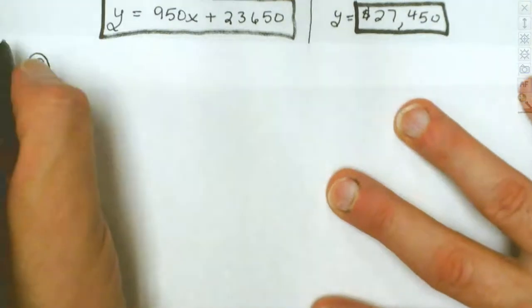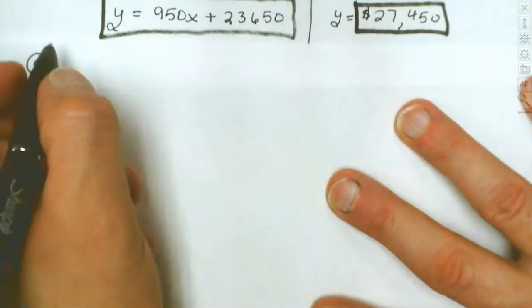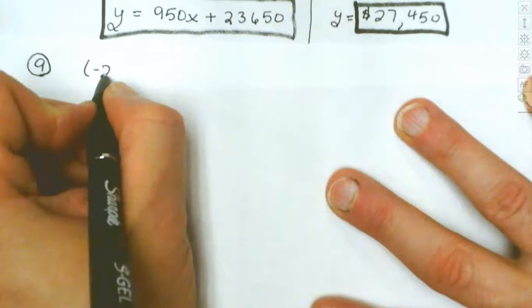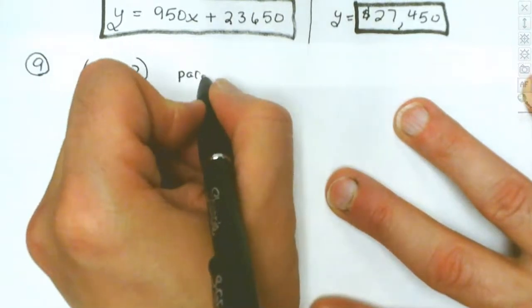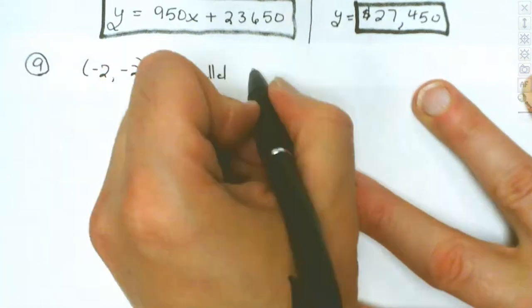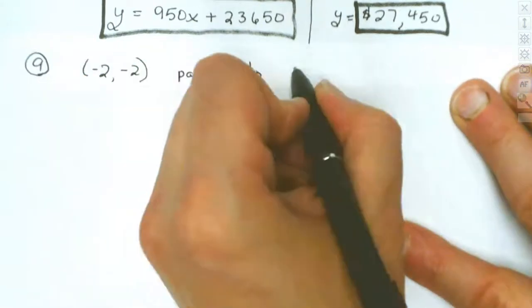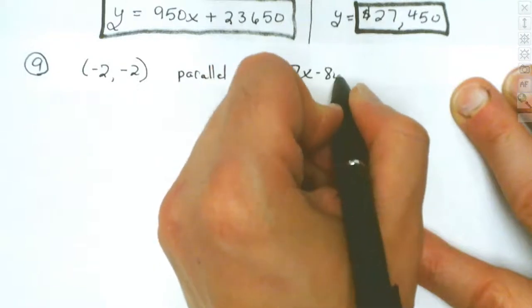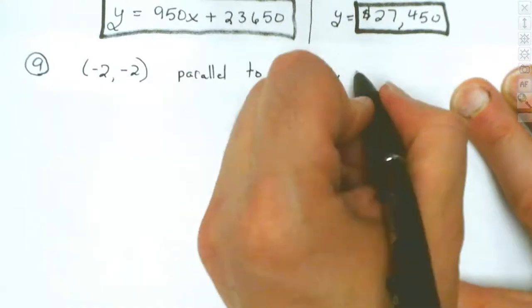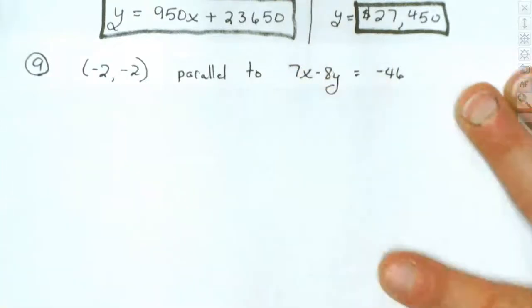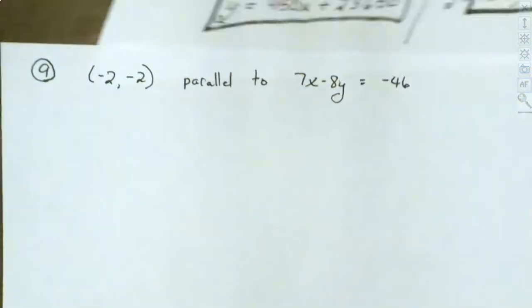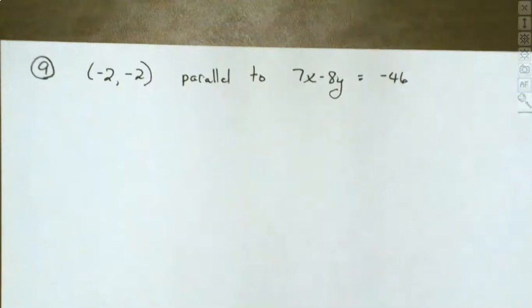And what you got in question 9 is you got the point minus 2, and we want that to be parallel to 7x minus 8y equals minus 46. So we want it to be parallel going through that point.